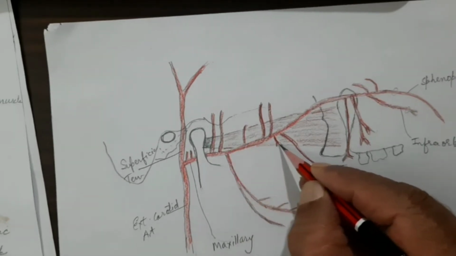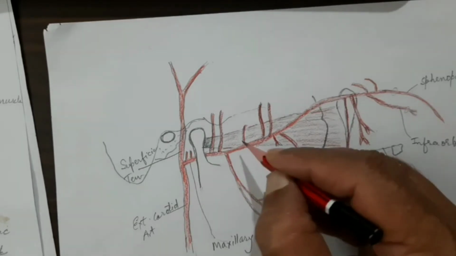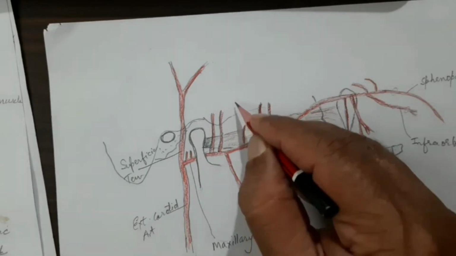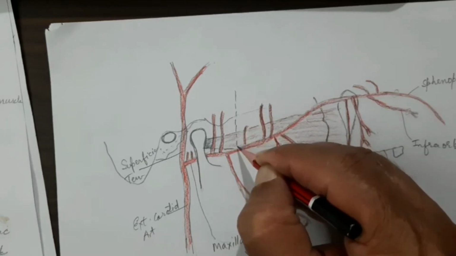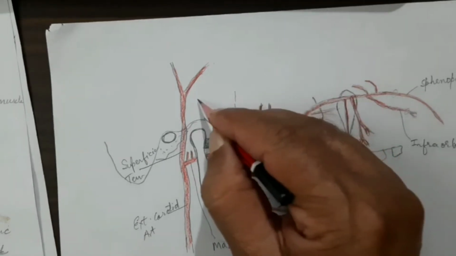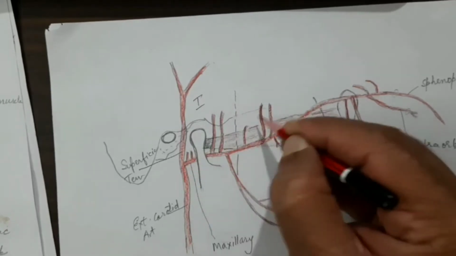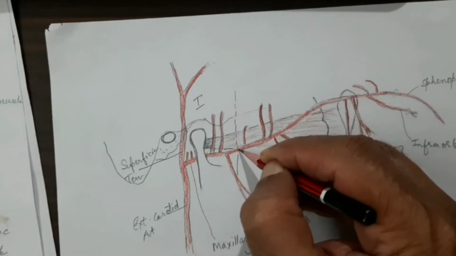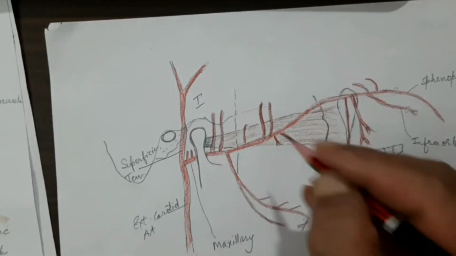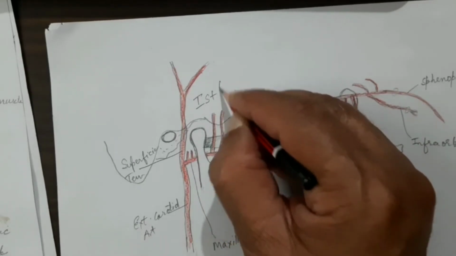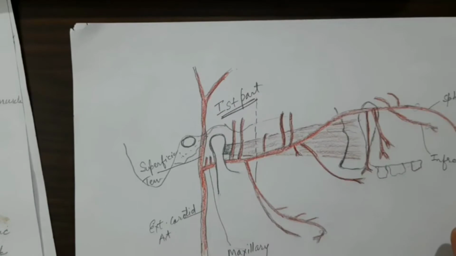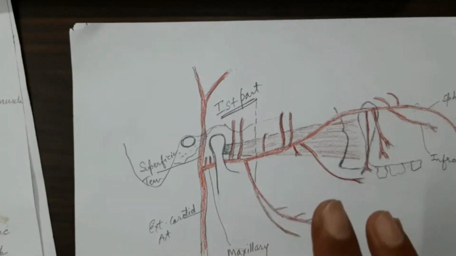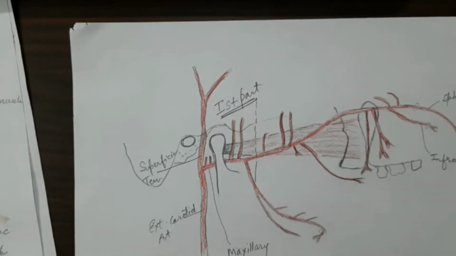I will draw a dotted line with this pencil, so that you will see that this part, right from its origin up to the lower border of the lateral pterygoid muscle, is the first part of the maxillary artery. I hope you have understood how to divide the first part.